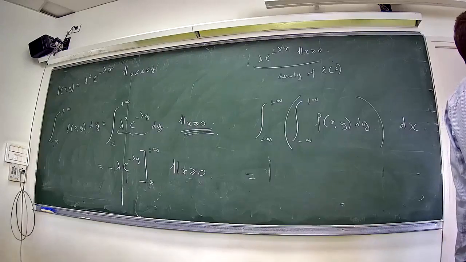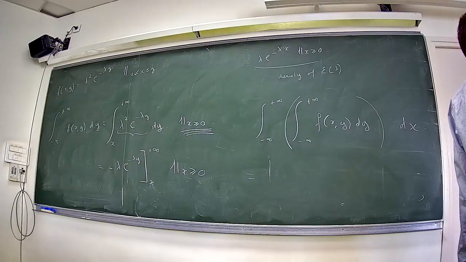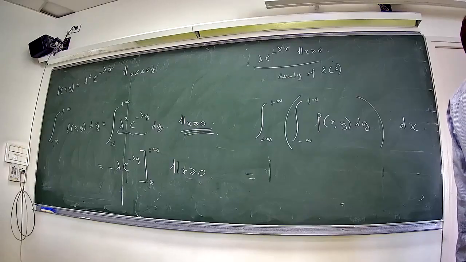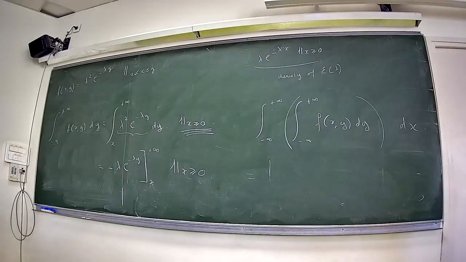If I fulfill this, with this one, that is the probability that capital X is less than small x. If I add a new random variable, I am interested not in the probability that capital X is less than small x, but the probability that X is less than small x and Y is less than small y. And in this case, I have a joint density if this equality is fulfilled.